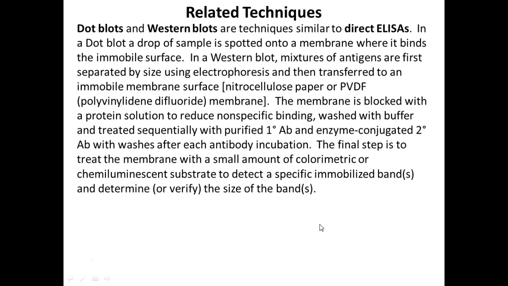So dot blots and western blots are similar to ELISA in that the sample, in this case, is embedded onto a membrane. And then that's the surface, and the antibodies are added to help you visualize.